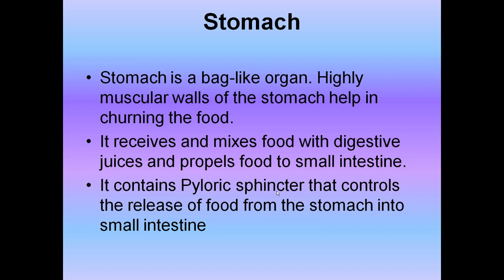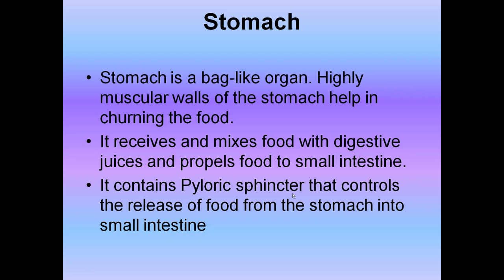So food can't move in the reverse way, that is from the small intestine to the stomach, because of the pyloric sphincter. Sphincter is a one-way door. Sphincter always refers to the one-way door, a flap-like structure present at the junction of stomach and small intestine, and it regulates the passage of the food.